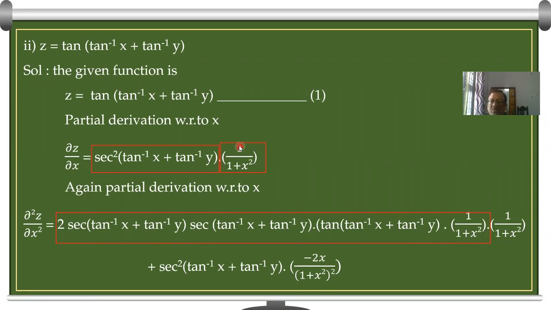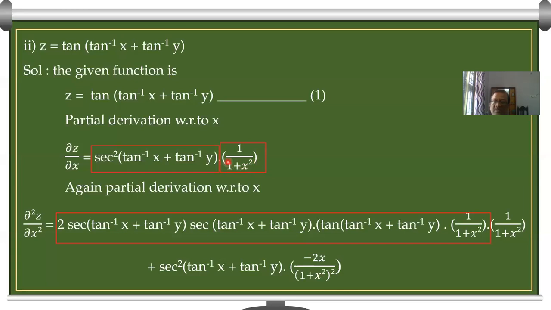What is here in the standard form? 1 by x. We know the formula for 1 by x power n: minus n by x power n plus 1. Therefore, as it is a 1 by x form, the derivative is minus 1 by x square. Clear? After that, again the inner function. It is not 1 by x, it is something other than x: 1 plus x square.